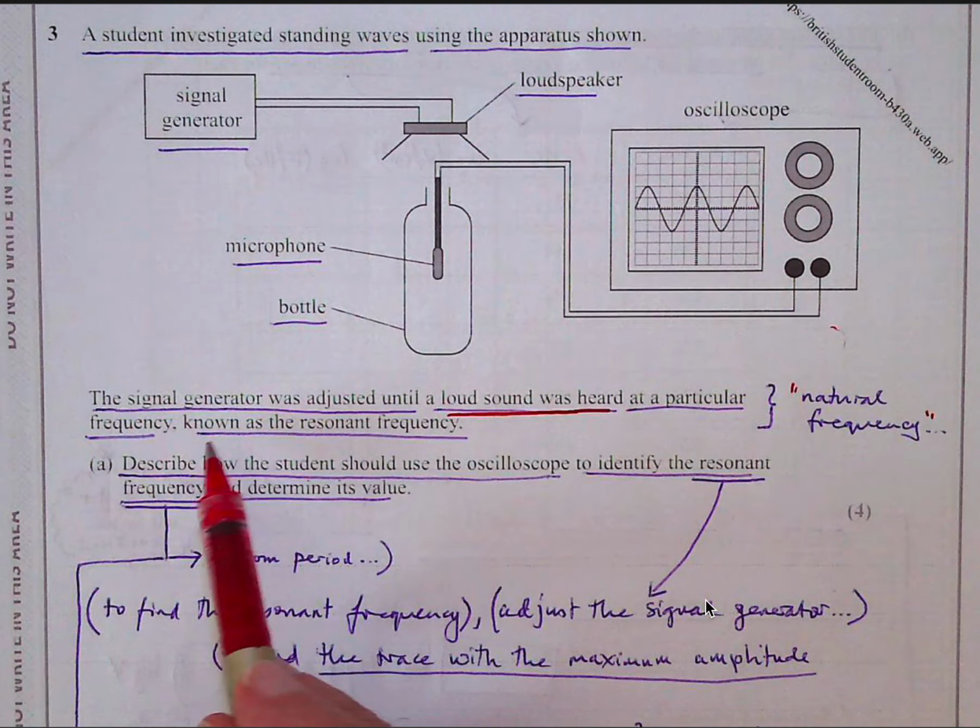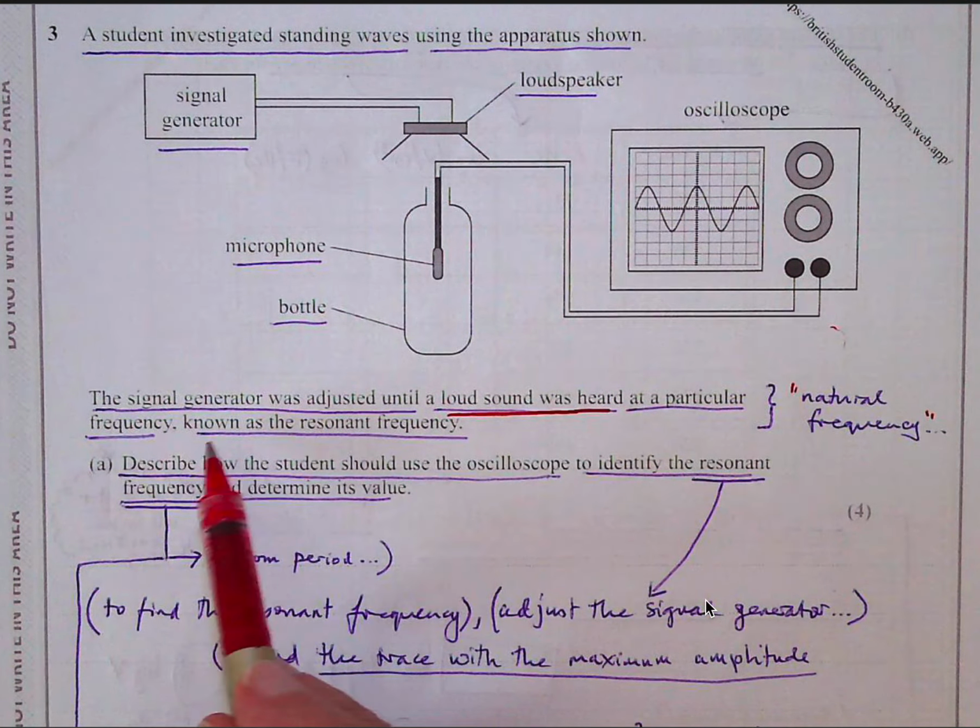So the natural frequency is the resonant frequency. It causes some kind of excitation in that mass of gas, or that length of gas, if you like, or air. And it says, describe how the student should use the oscilloscope to identify the resonant frequency. Obviously, to measure the frequency using an oscilloscope, it's from the period. That's just a note for me.